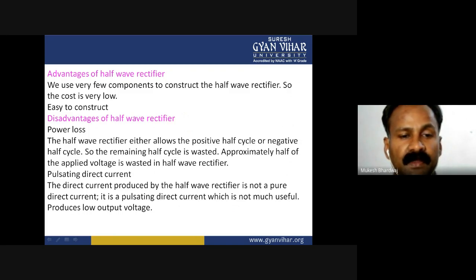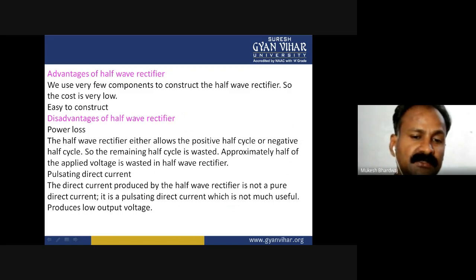The half-wave rectifier allows either the positive half cycle or the negative half cycle, so the remaining half cycle is wasted. Approximately half of the applied voltage is wasted. Second, pulsating direct current. The direct current produced by the half-wave rectifier is not pure direct current. It is a pulsating direct current which is not much useful and produces low output voltage.